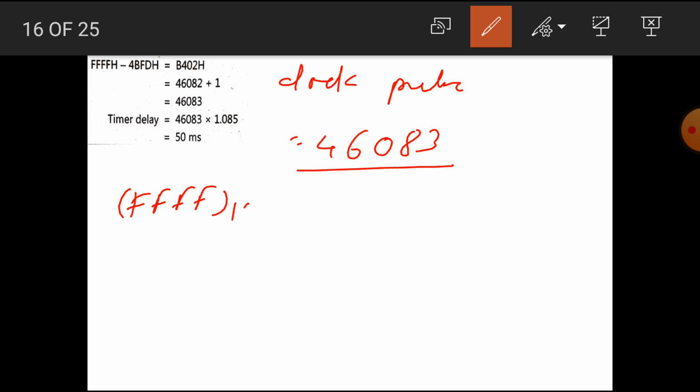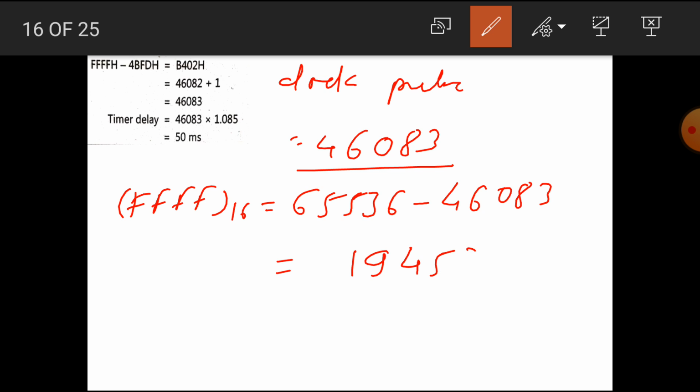Okay, now we have to subtract this value from the maximum value of the timer. That means FFFF. This is the hexadecimal value. We have to convert it into the decimal value. That means 65,536 minus 46,083, and this subtraction gives us the value 19,453.